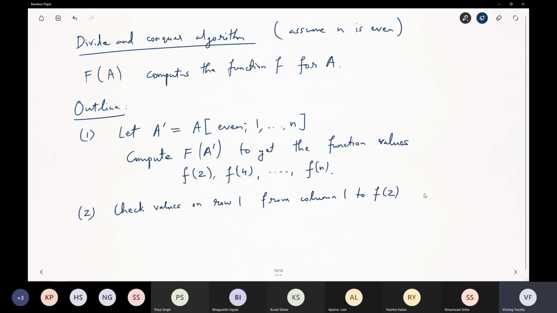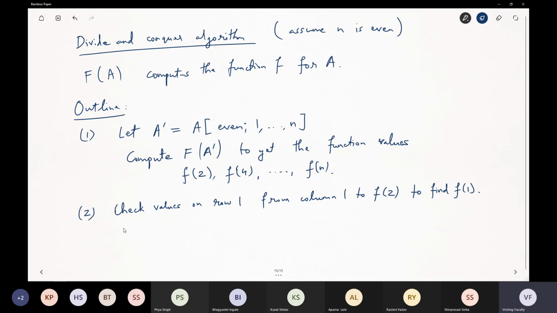From column 1 to f of 2th column, whichever is the minimum value, that will be f of 1 among these, right? Because f of 1 has to be to the left of f of 2, cannot go beyond f of 2. So just check the values of the array A on row 1 from columns 1 to f of 2th column to find f of 1.